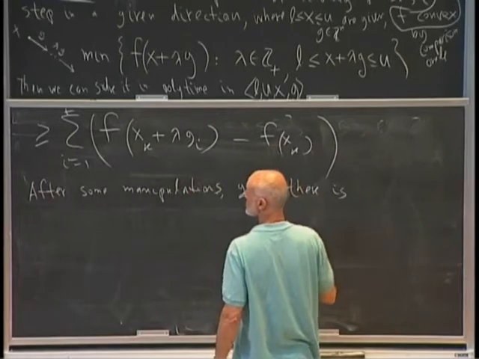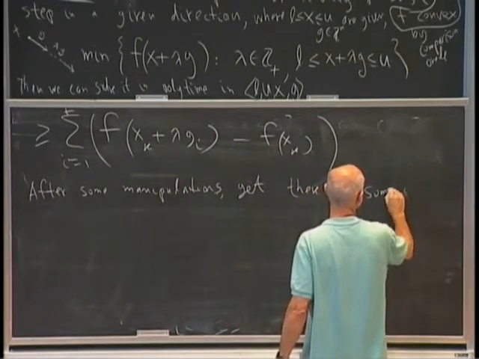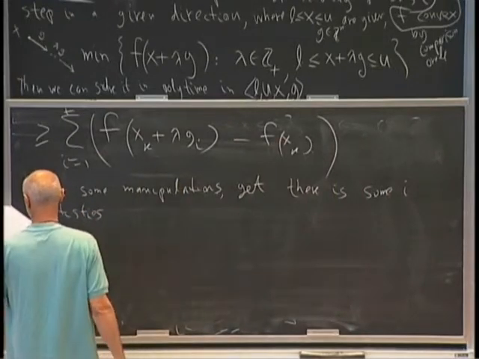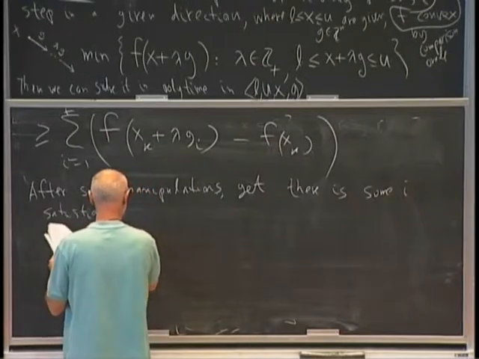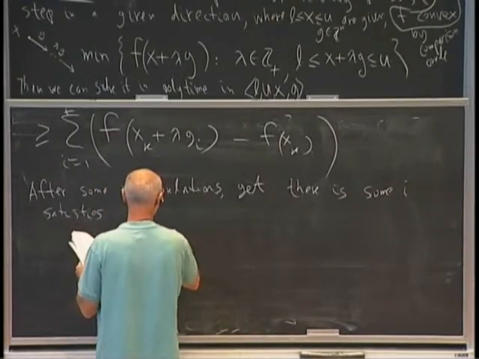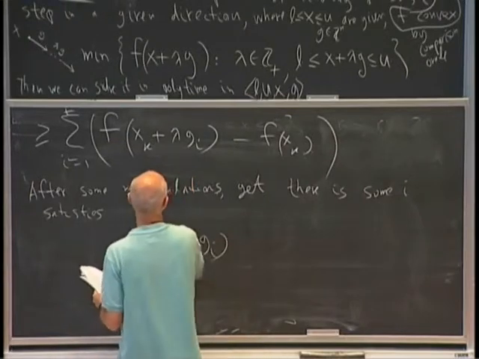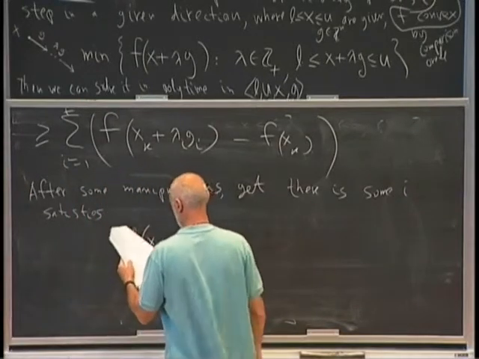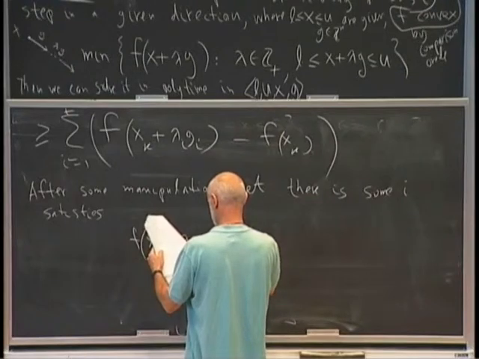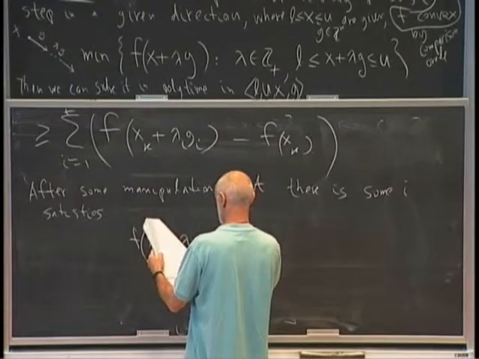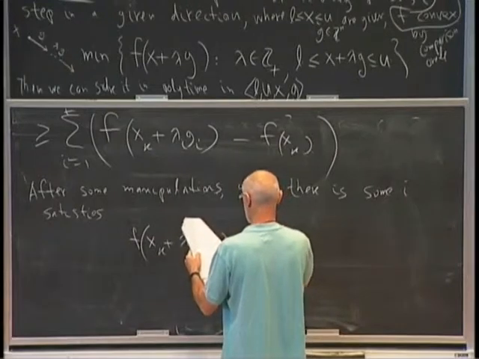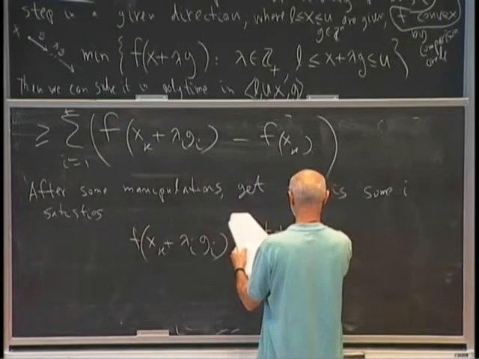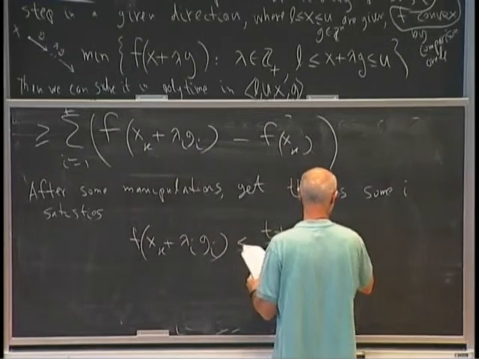There is some i in this sum which satisfies f(x_k) plus lambda_i g_i is at most (t minus 1 over t) times (f(x_k) minus f(x*)).